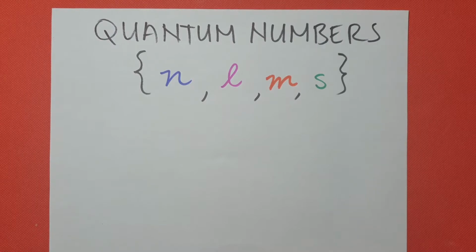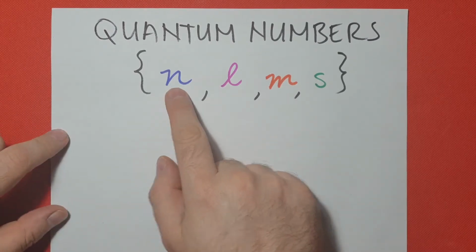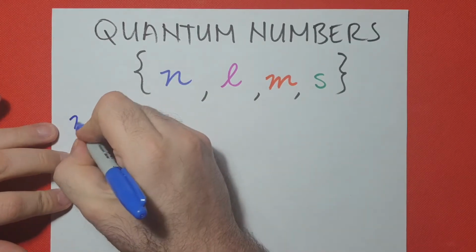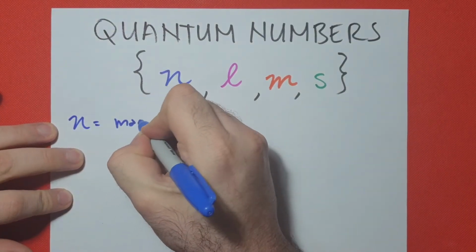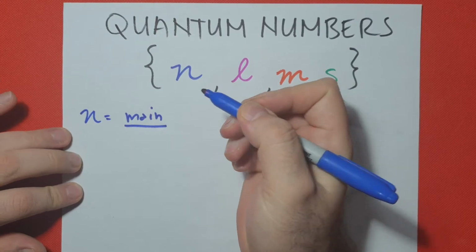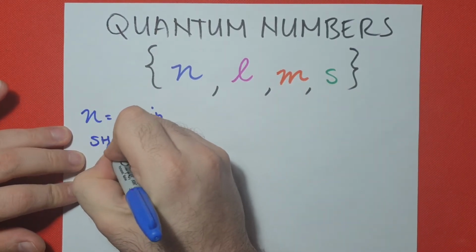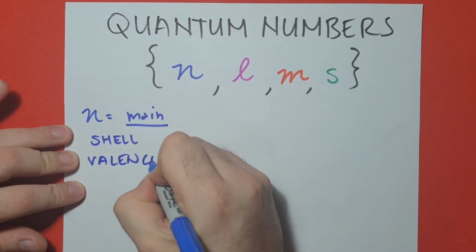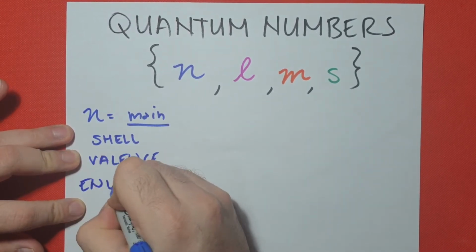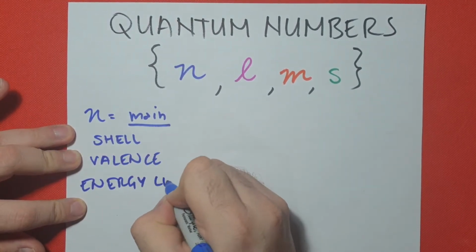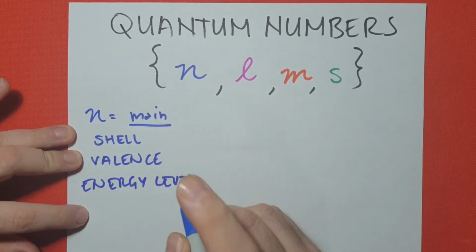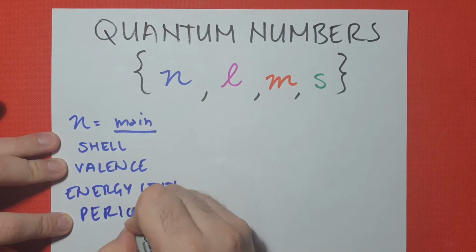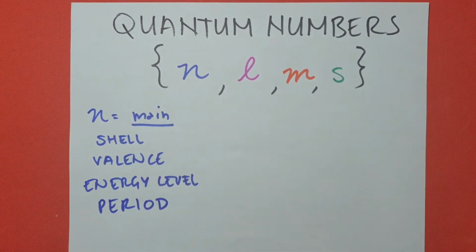So starting very briefly, we have four different ones, and I'm going to use color coding for this. So N is also known as the main quantum number, and it's also synonymous to saying shell, valence shell, energy level, and it also corresponds to the period on the periodic table where our actual atom or element is located.